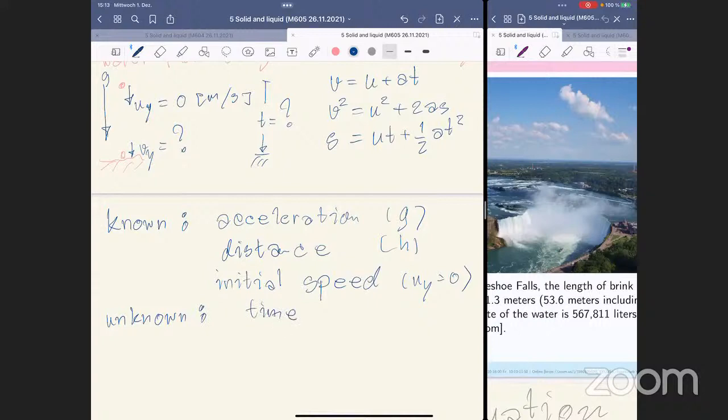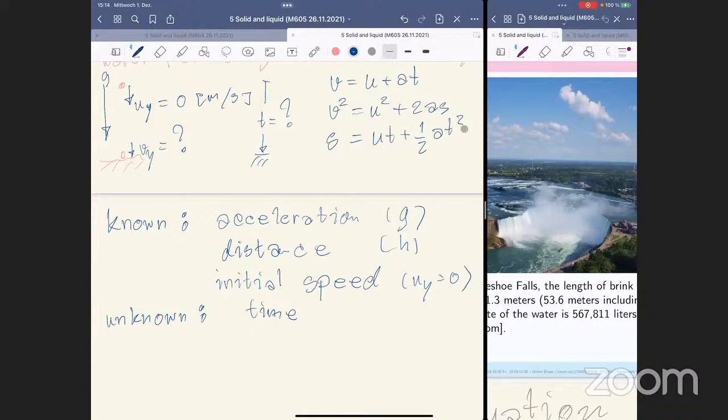So which formula should we use? Acceleration a is in every equation, right? And h, the distance, is the letter s. Both have initial speed, but we want to find time.